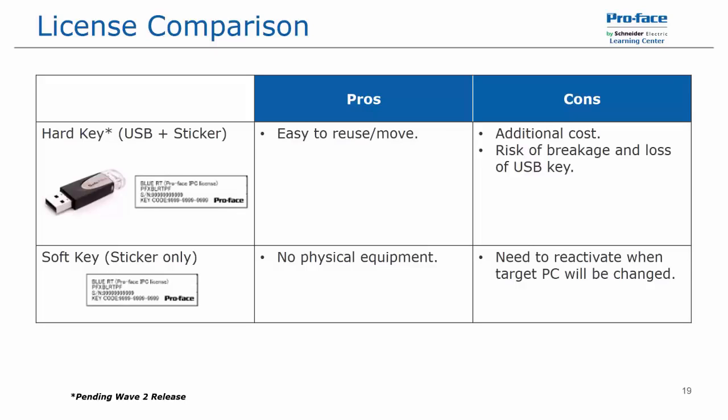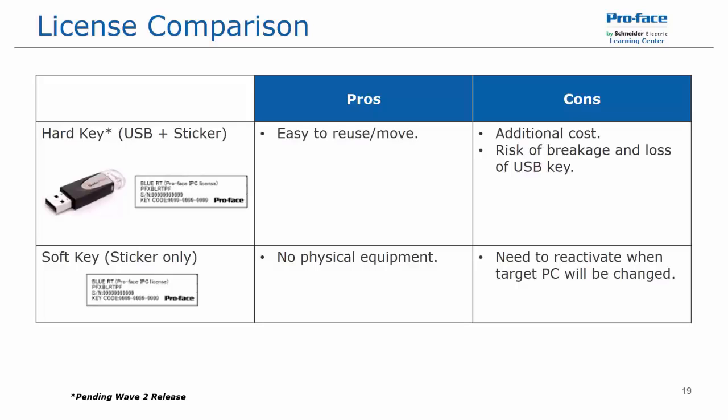That way you can lock out the application when it's in normal operation. However, if you need to do troubleshooting or testing, simply change the licensing over to the hard key, and now you're able to develop on the same system. The cons, though, it's an additional cost, albeit a small one, but also there is a risk of the USB key being broken or being lost, or even worse, stolen.